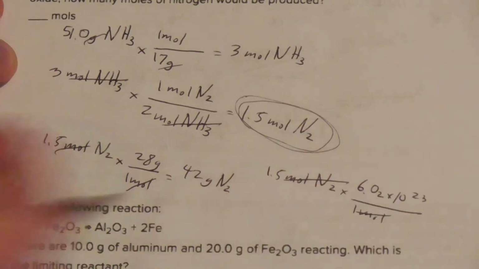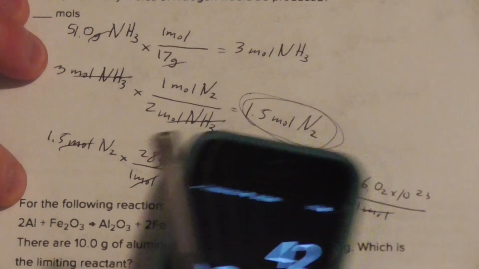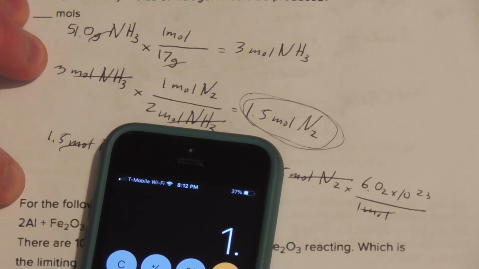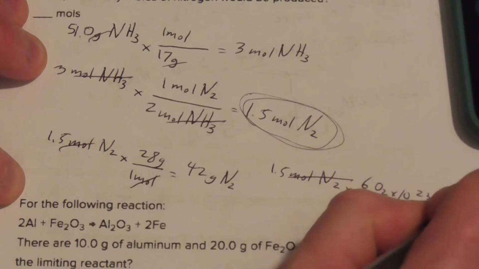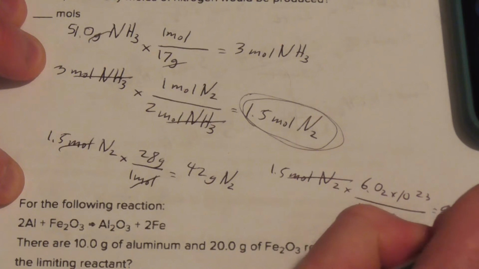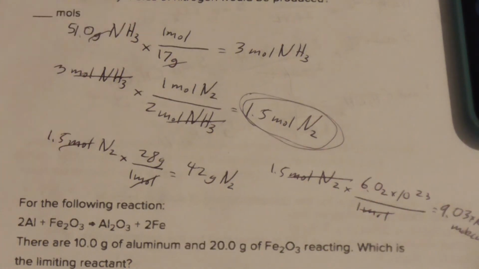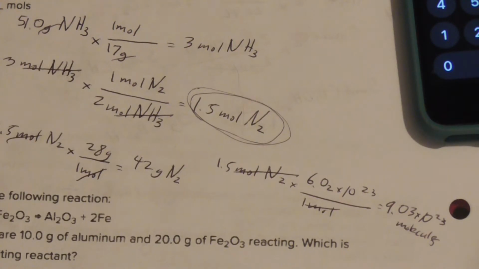My moles cancel out again, and I end up with 1.5 times 6.02, which is 9.03 times 10 to the 23rd molecules. See if all of that fit. Didn't quite fit. 9.03 times 10 to the 23rd molecules.